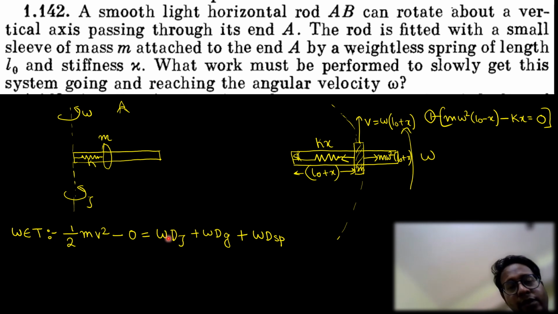Understood? So work done by torque plus work done by gravity, which is equal to 0, plus work done by spring, is equal to half m v square minus 0. Is there any other force acting on it? Yes, there is one more force, the normal reaction force. What is making this ring move in a circle? The normal reaction force, no? So work done by the normal reaction force.